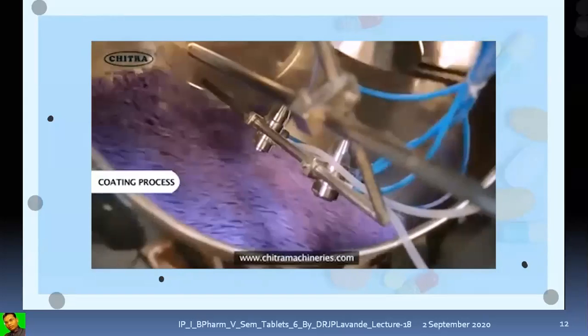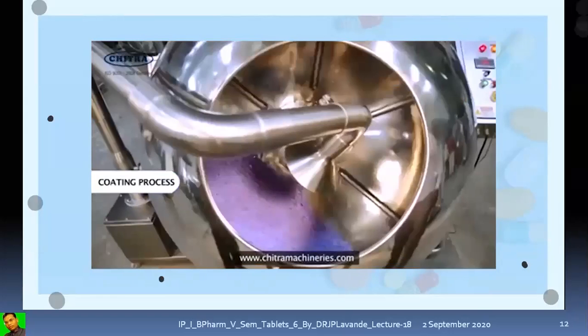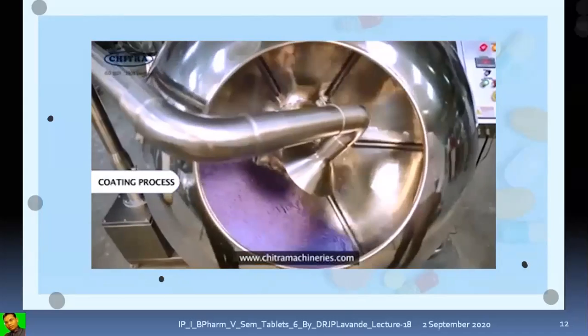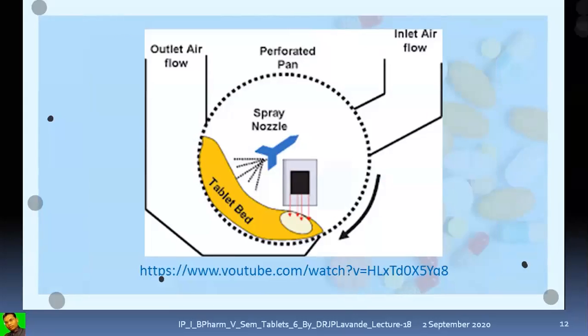A spraying system involves several spray guns. In the coating process, the pump delivers the coating solution to the guns, where it combines with atomizing air to create a fine mist that is directed at the bed of tablets in the coating pan. The air handling unit.